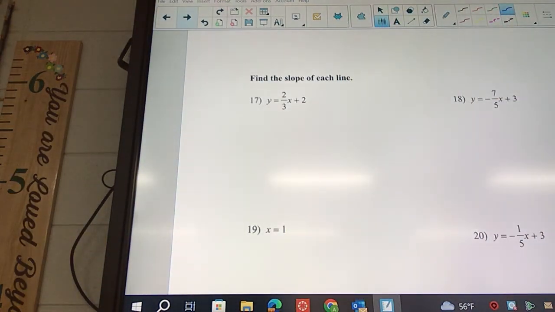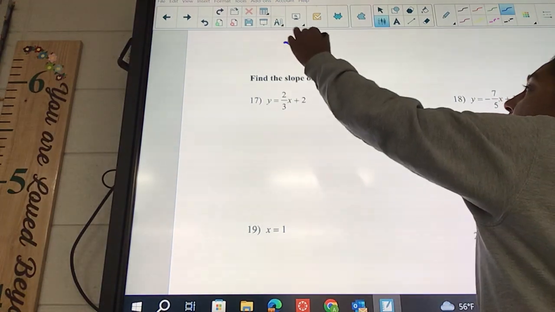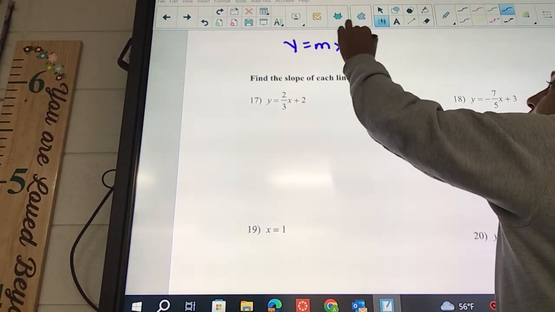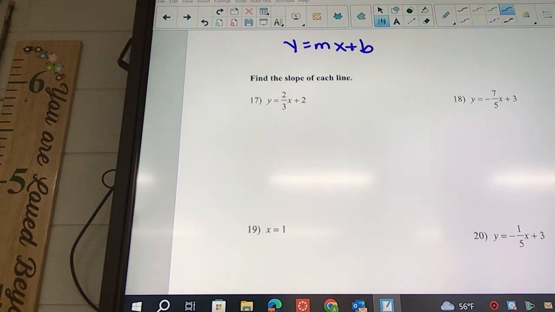Alright, so when we have this equation, this is a linear equation. The formula goes like this: y equals mx plus b. Okay, that's the slope formula. You're going to see it 1,000 times throughout the next 4 years because you're in high school.